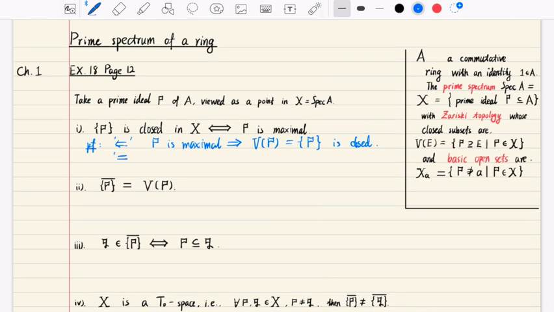Conversely, if you want to prove that if this set of one single point is closed, what will we have? There are many different ways.